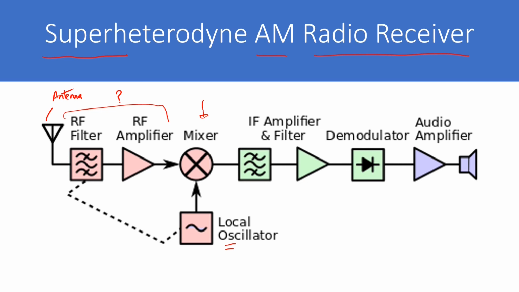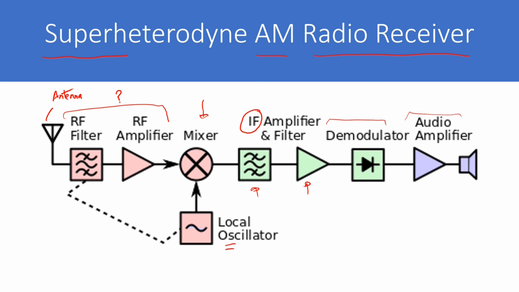Then we have intermediate frequency amplification and filter: this is the gain amplifier and this is our band pass filter at intermediate frequency. Finally we have some demodulation and some amplification on towards the speaker device.